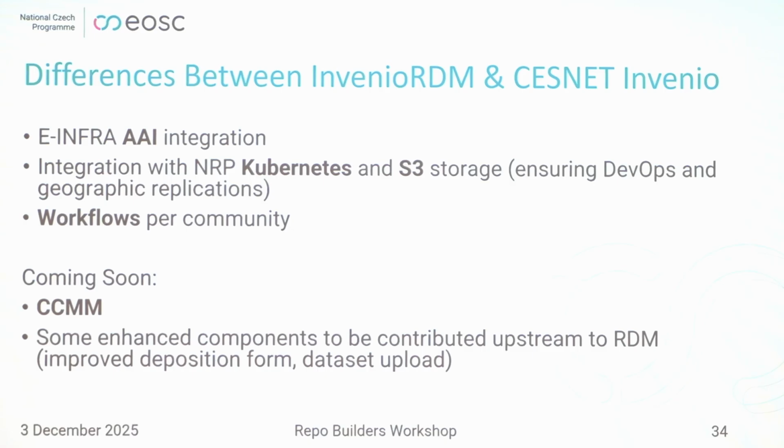Now, what are the differences between Invenio RDM and CESNET Invenio? It already contains integration to the infra authorization and authentication interface. This is quite a lot. It might seem inconspicuous, but that is actually quite a lot of code and made quite some big changes. One of the next presentations will go into more detail explaining what this is and how it works in the back.